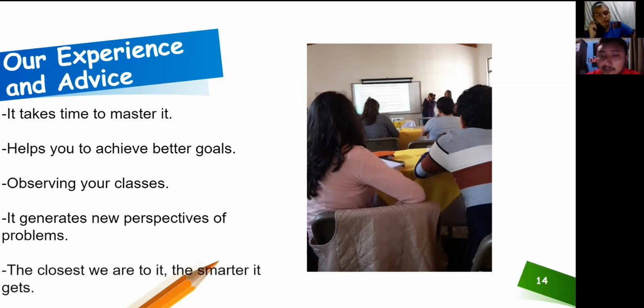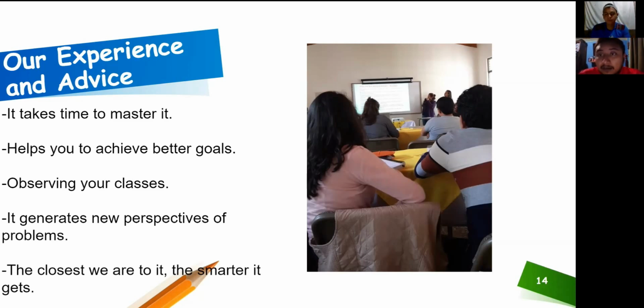And the last one: the closer we are to it, the smarter it gets. We know that, as it says at the beginning, it takes time to master it. We cannot learn it really fast, but little by little we'll be applying it letter by letter. It's not really mandatory right now at the beginning, when you are starting to use this, to achieve all five. But little by little, once we get to achieving the five letters of SMART, the objective gets smarter.